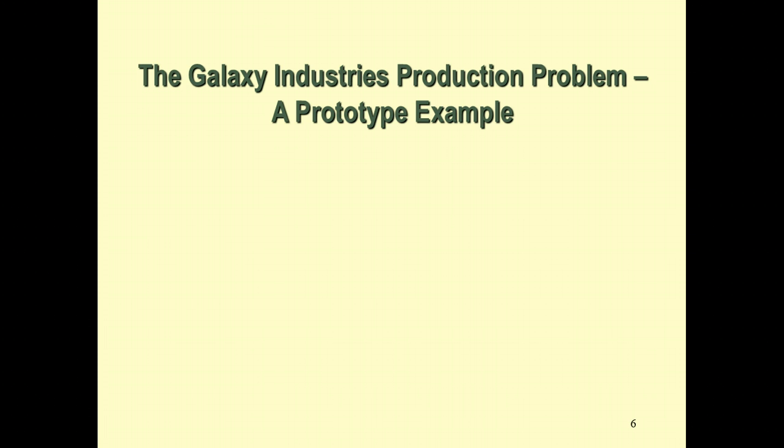To prevent weekly production of space rays from exceeding that of zappers by more than 350. So space rays is x1 and zappers is x2. So it says x1 has to be less than or equal to x2 plus 350, because if we think about it, it can be more, but we can give this guy 350 more.